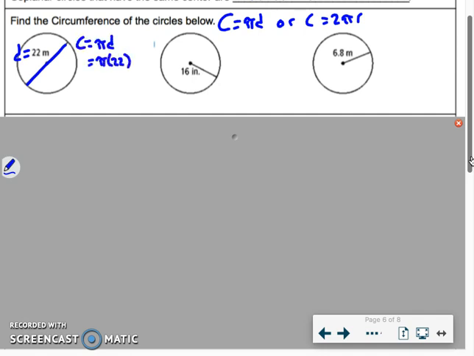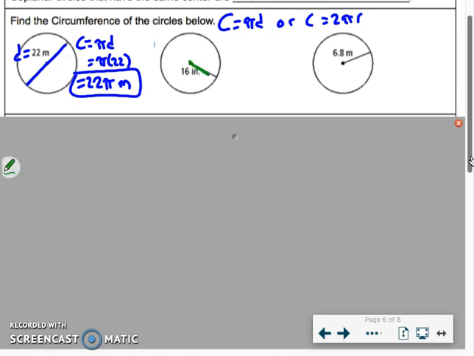If they don't tell you how to round, I would leave them in terms of pi. So I'm just going to write the 22 first, and then we're in meters. This is not a square unit because we're not talking about an area, we're talking about a length. The circumference now is like the perimeter of the circle. That's how much distance there is all the way around.